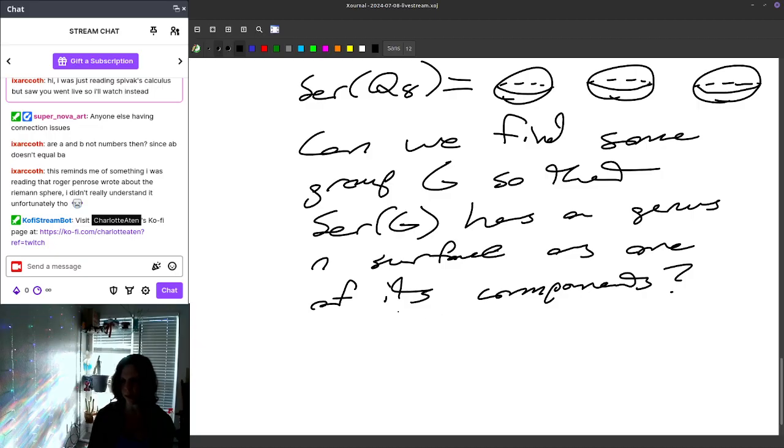And then I should be able to say, well, if you look at this group, then if you do this serenation construction to it, you do get one of its pieces as a 45-hole donut. That would be nice. So can we do this? We don't know. We still don't know whether it's possible to pick an N and then choose a group that will give you a surface of that genus as one of its pieces when you do this construction.